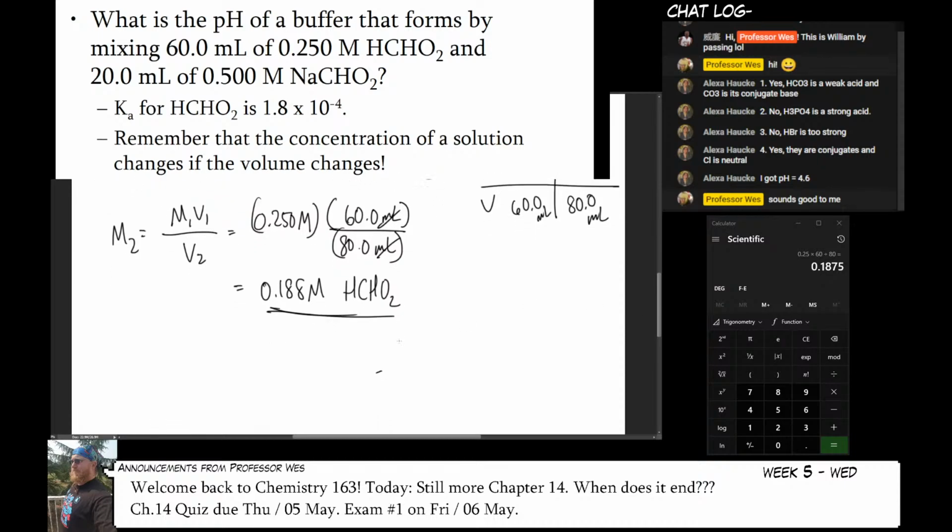And so we could do the same thing for the sodium formate. So what's its initial concentration? It was 0.500. And I have 20 mils of that. And the final volume when I'm done diluting will be 80 mils. And so we'll just do the calculation again.